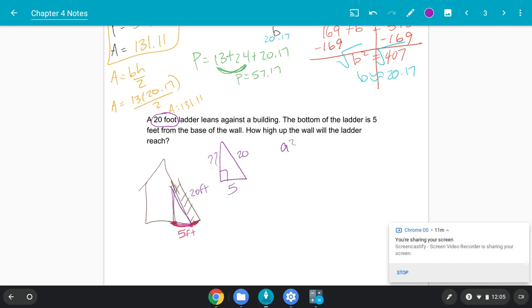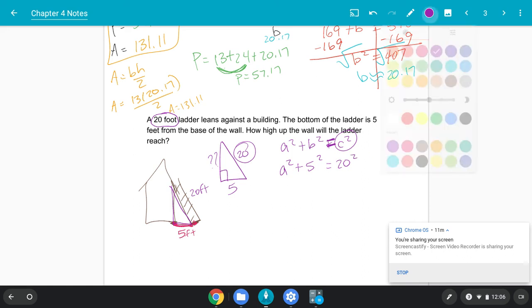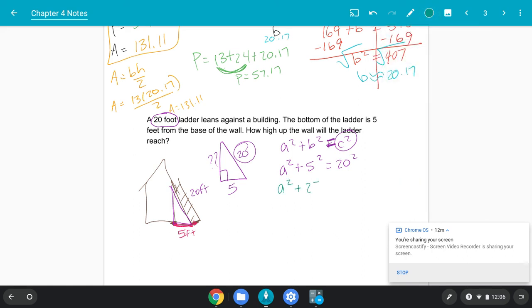So we can use the Pythagorean theorem again. So this time, here is our C. And then it doesn't matter which one we replace, but we'll just say a squared plus 5 squared equals 20 squared. A squared plus 25 equals, 2 times 2 is 4, so 20 times 20 is 400. Then we're going to subtract 25.